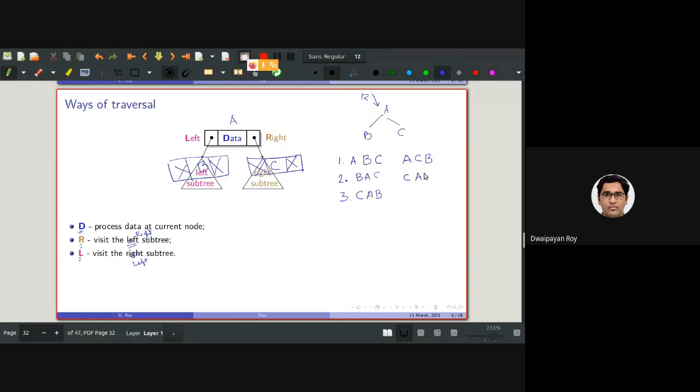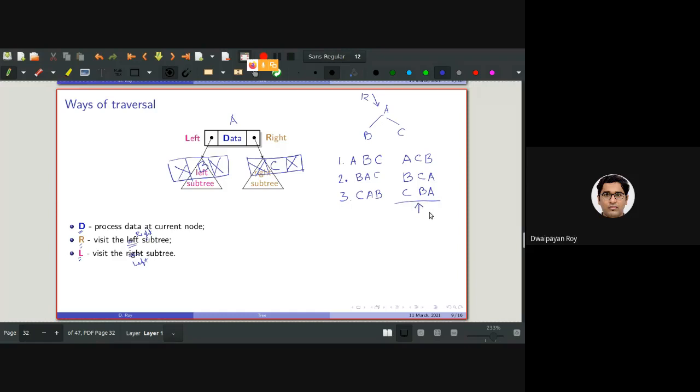Yes, CAB. And what about BCA? And what about CBA? These three are also possible, isn't it?